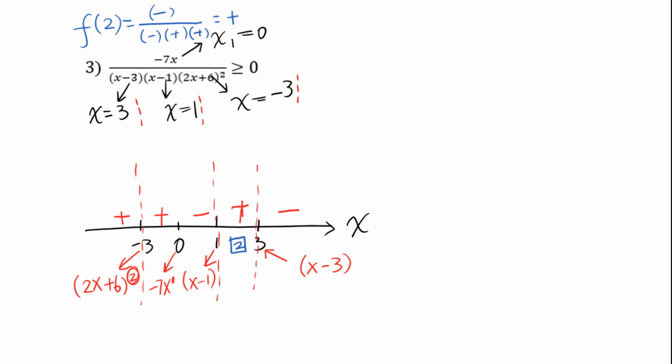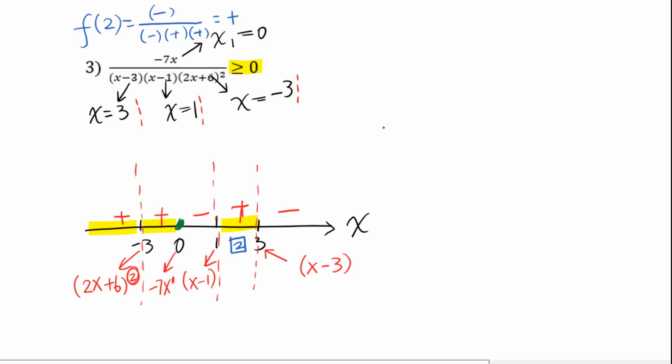Since I'm looking for greater than or equal to 0, the interval with a positive sign will be the solution. We have an equal sign, which means for roots, 0 is a closed circle. For the vertical asymptote line, that's automatically an open circle.